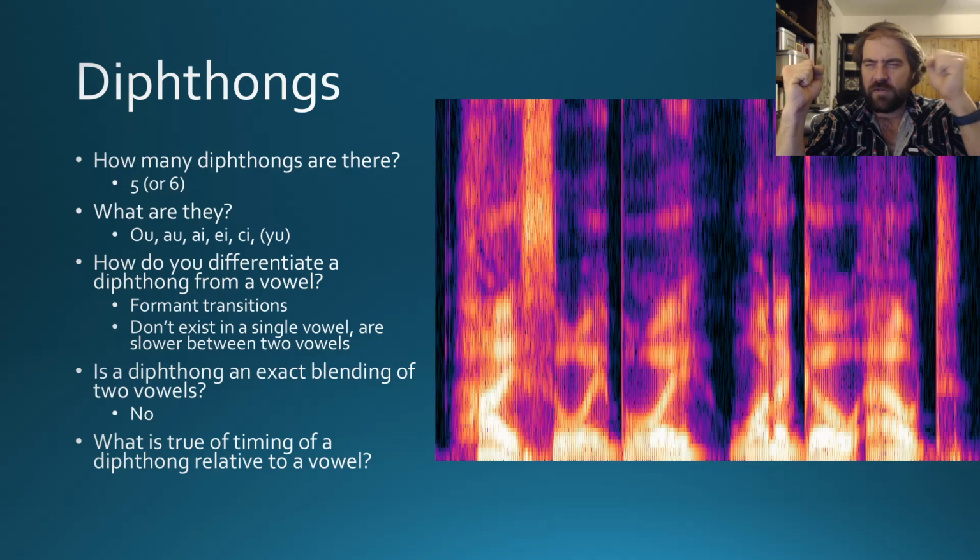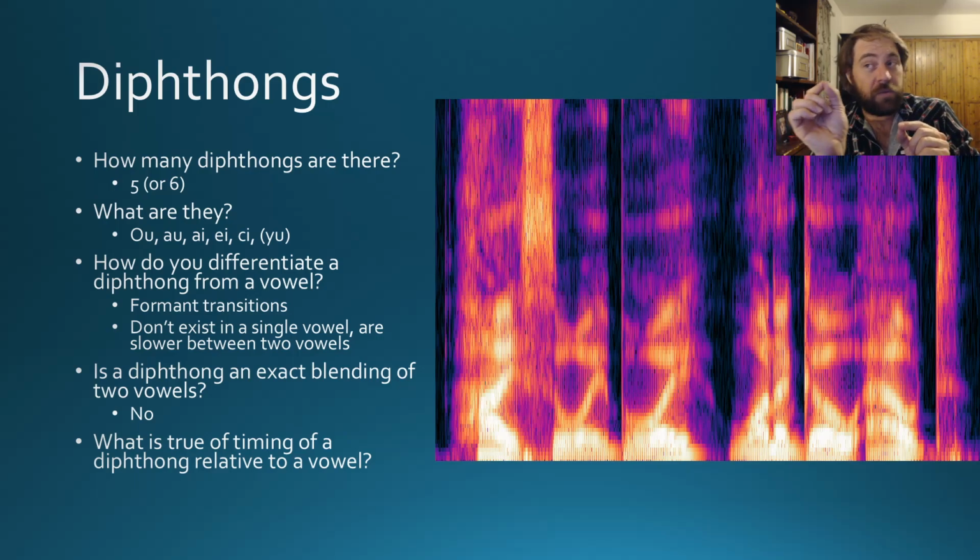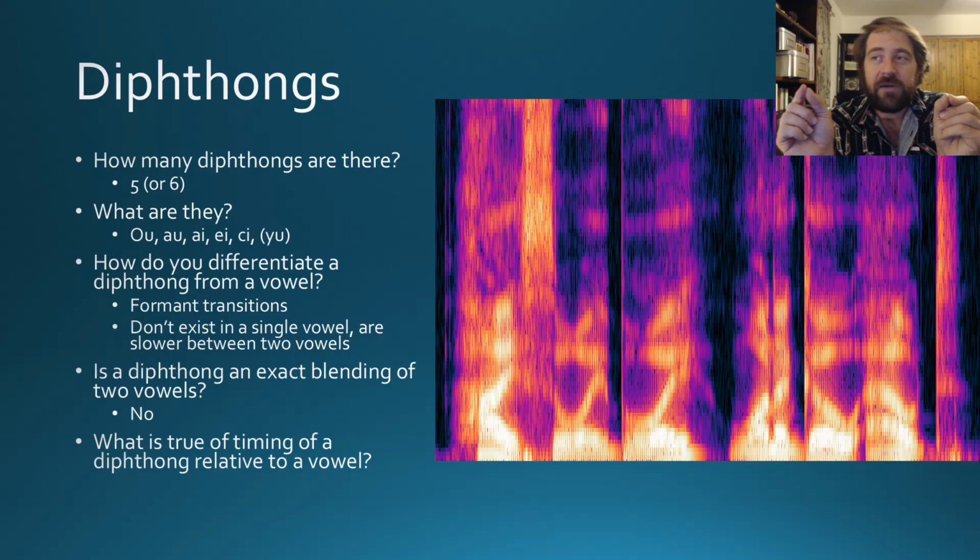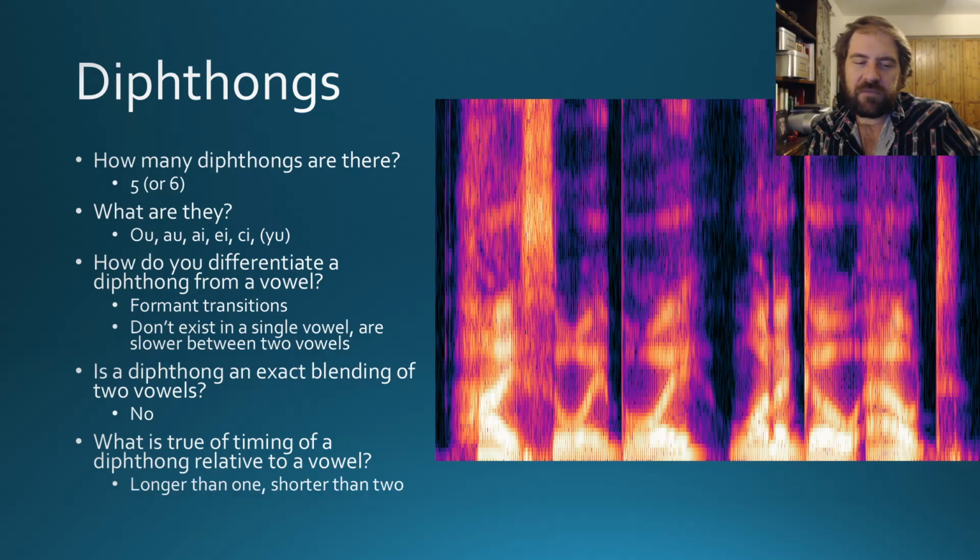If your first sound is here, your second sound is here, you're not going to start here and move here. You're going to start here and move here. So it's kind of like a trajectory thing where you're starting near that vowel but closer to where you're going, and you're stopping before you get to the next vowel. So it's shortening the distance.